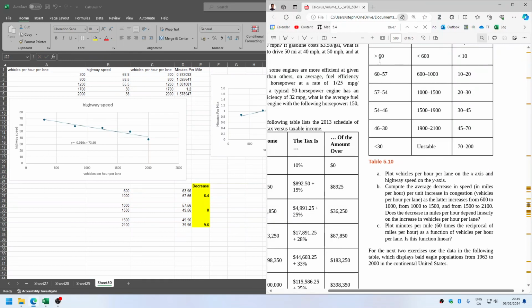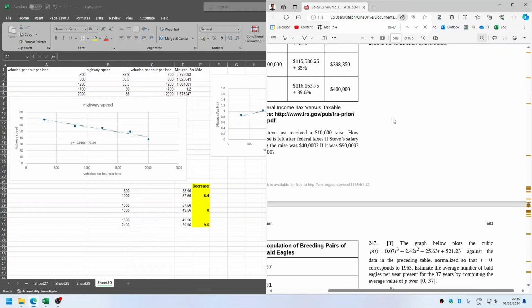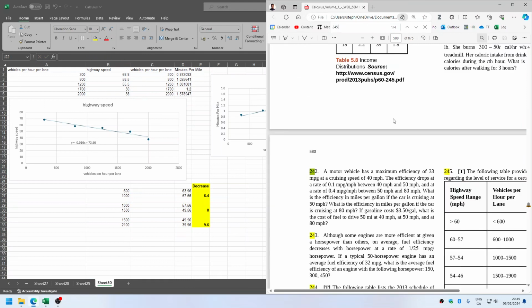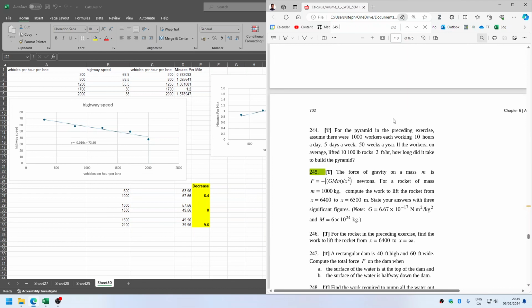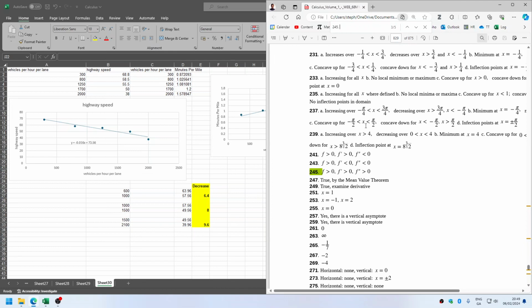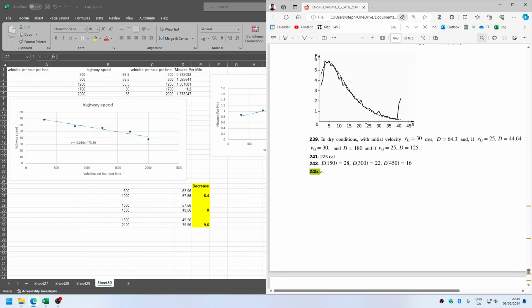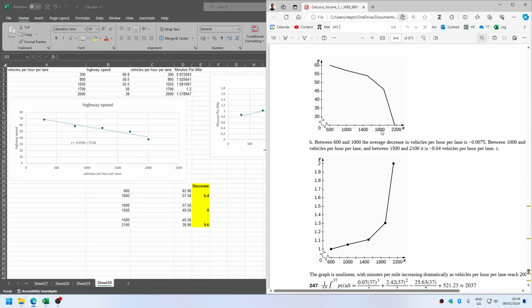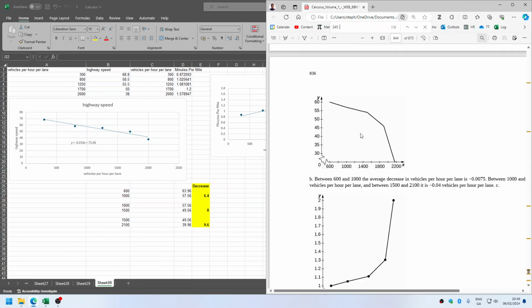Let's see what the answer says. 245. Yeah, so they've included the last point, the unstable one, which I didn't.